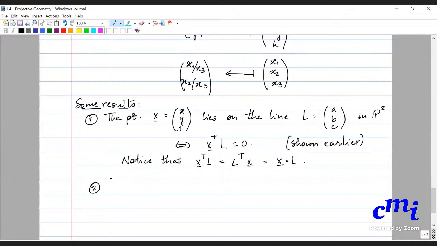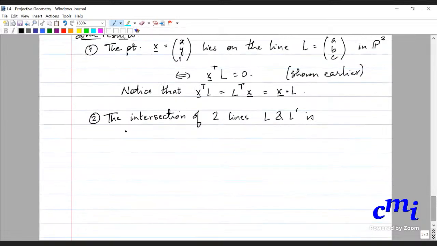Then the intersection of two lines L and L prime. Let's see what it is.